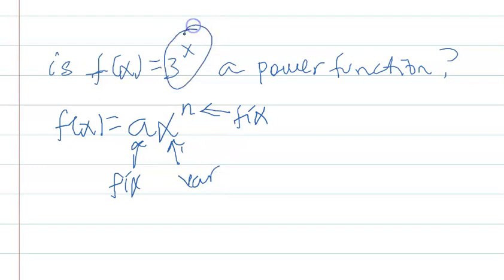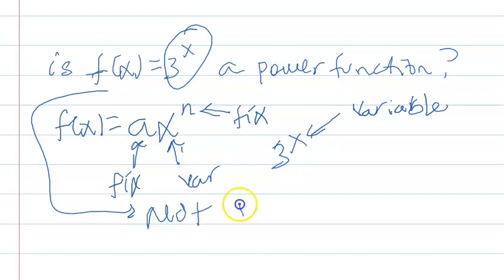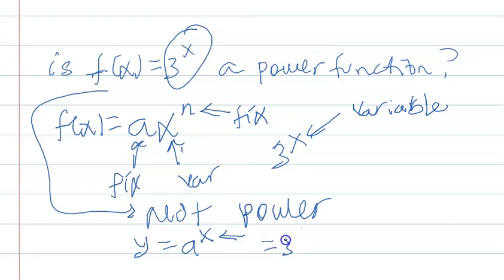In 3 to the power of x, x is a variable. So this is not a power function, but it is an exponential function. An exponential function is a fixed number raised to a variable number, y equals a to the power of x. So 3 to the power of x is an exponential function, not a power function. Okay.